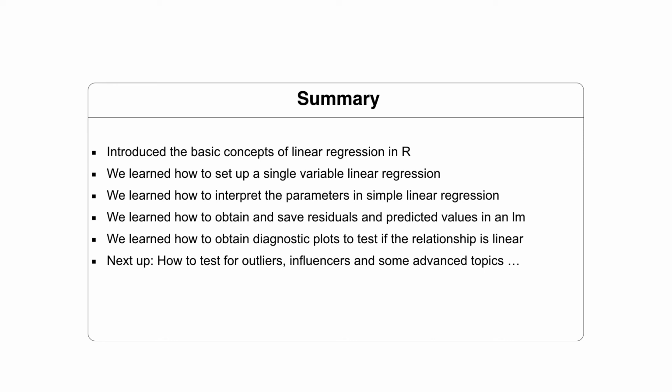We got some ideas how you can interpret the parameters in simple linear regression using R. The idea is this, that you will save the linear model itself in an object, and then you will do this. And you can test some outliers, influencers, etc. But we're going to take a look at this in the next phase. So thank you very much for paying attention.